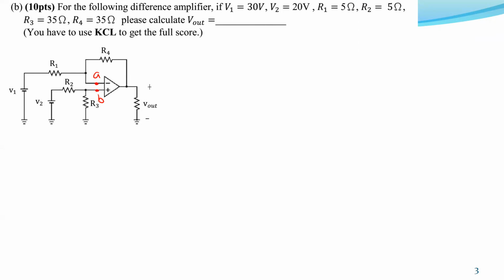It needs to satisfy the golden rule. The golden rule tells us VA equals VB because it's a closed loop. And the golden rule also tells us there's no current. This is IA. This is IB. We're going to have IA equals 0.